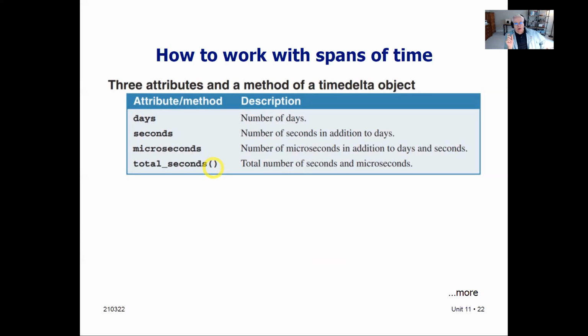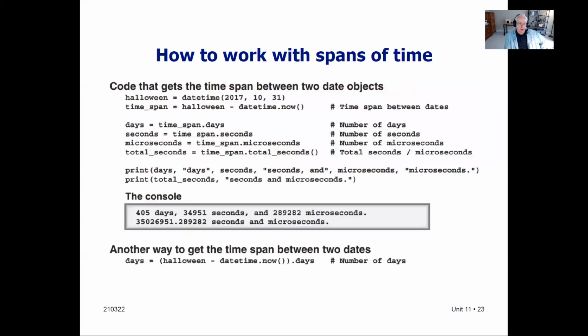So that will convert a time object or a date object, date time object, into a total number of seconds in microseconds when we apply this. And that is very scientific and very exact. And we'll see some examples. Actually, we have a neat little program we're going to work on that deals with that. So that'll be helpful.